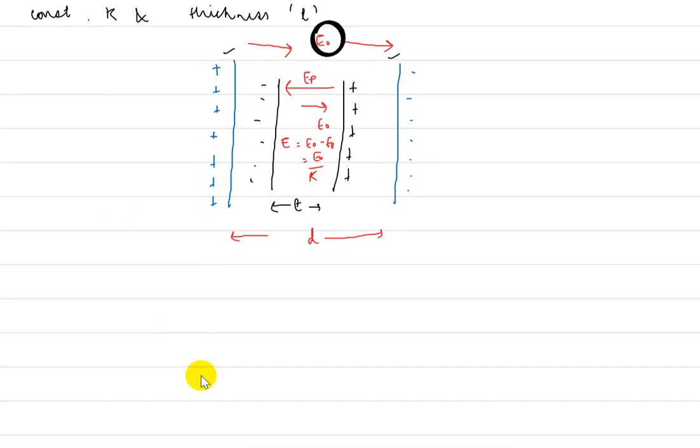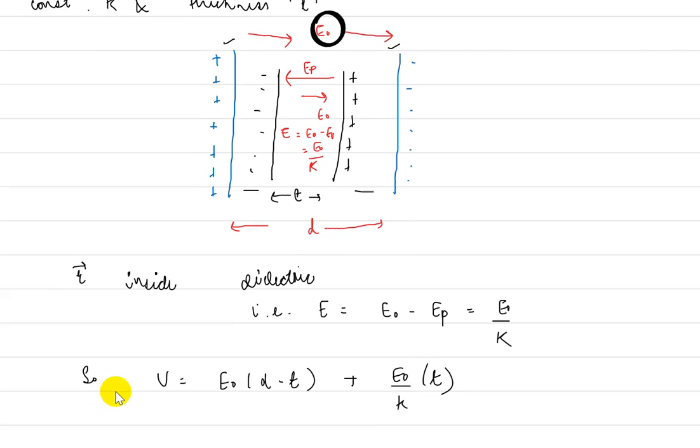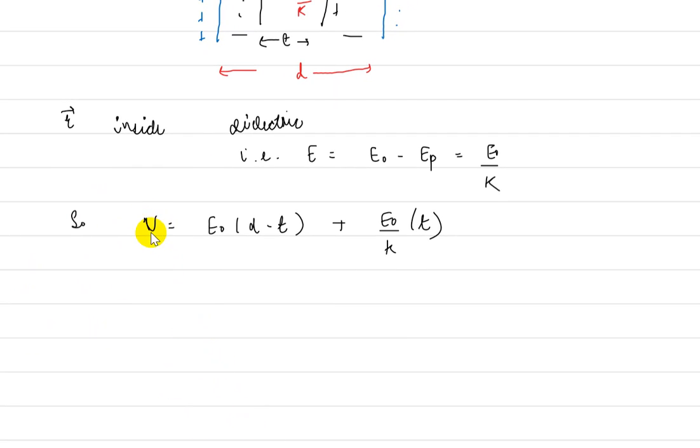Now, deriving the formula, we have the electric field inside the dielectric, that is, E is equal to E naught minus EP, which is equal to E naught by K. So, the electric potential will be E naught into D minus T, that is this distance, and E naught by K into T, the electric potential for both the parts.